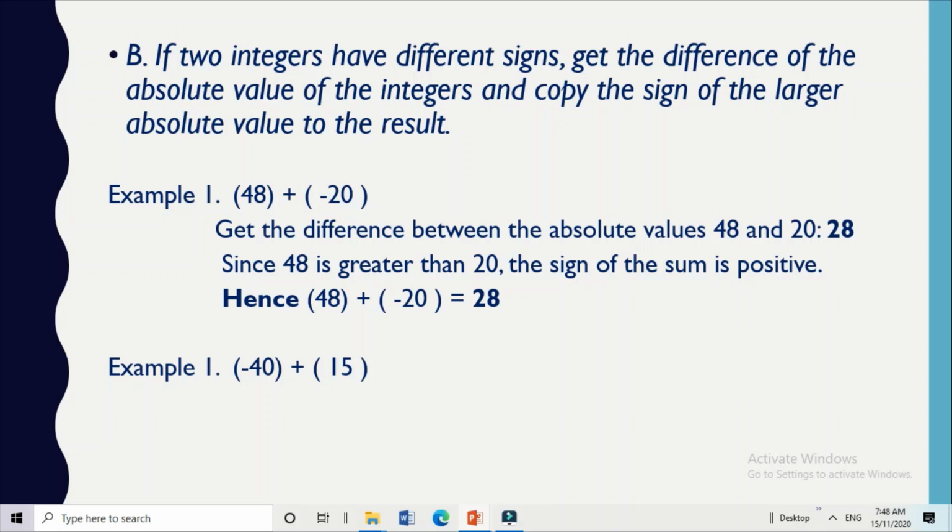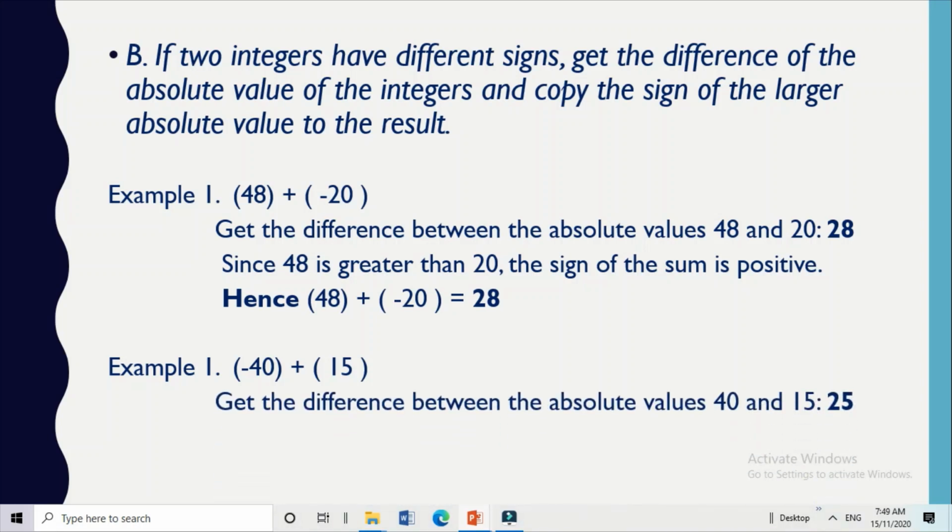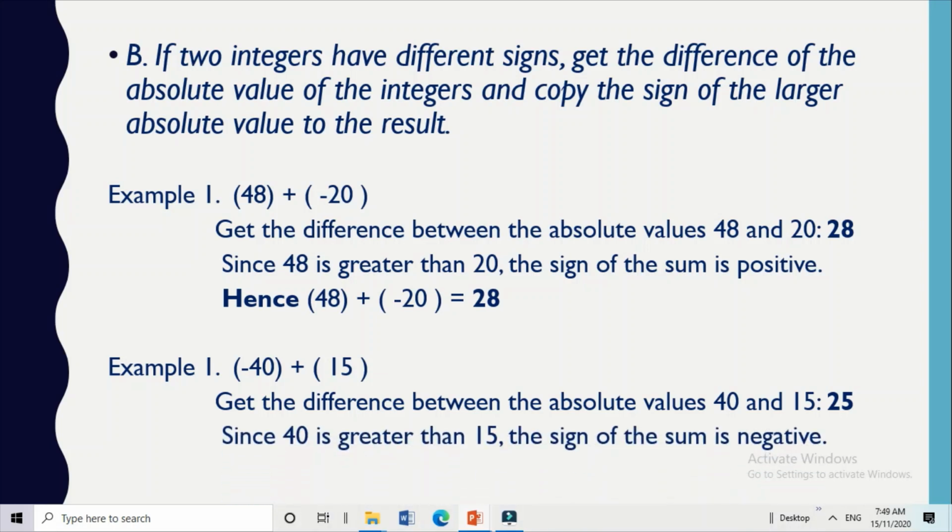So 40 minus 15, that is equal to 25. And then, since 40 is greater than 15, you're going to use the sign of 40, and that is negative. So, therefore, negative 40 plus positive 15 is equal to negative 25.